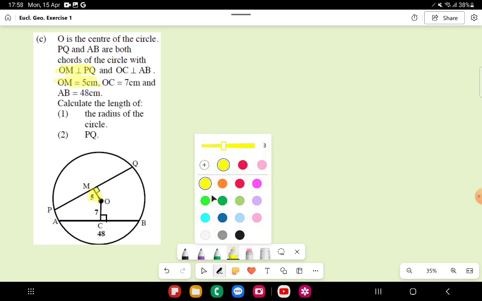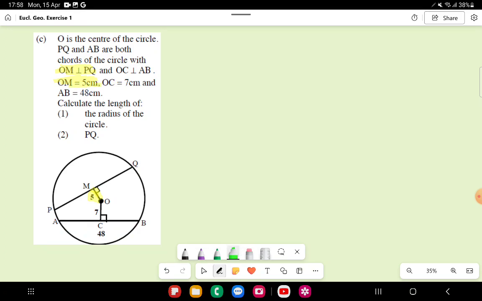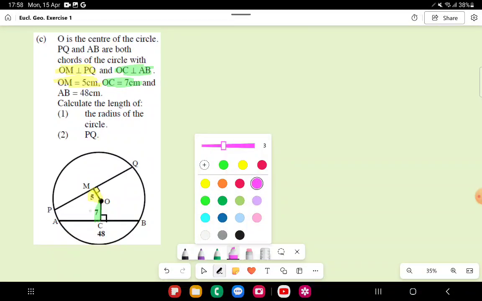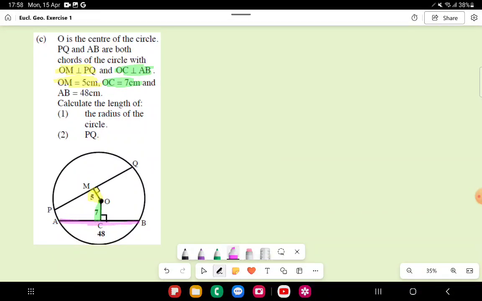My next one is telling me that OC, which is this one, is perpendicular to AB and it is 7. My next one is telling me that AB, which is from here to here, is 48. So that's the third piece of information they give me.